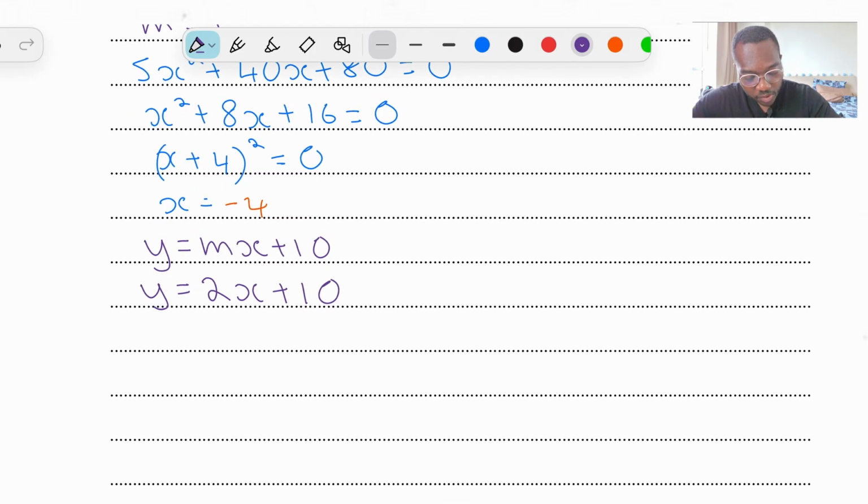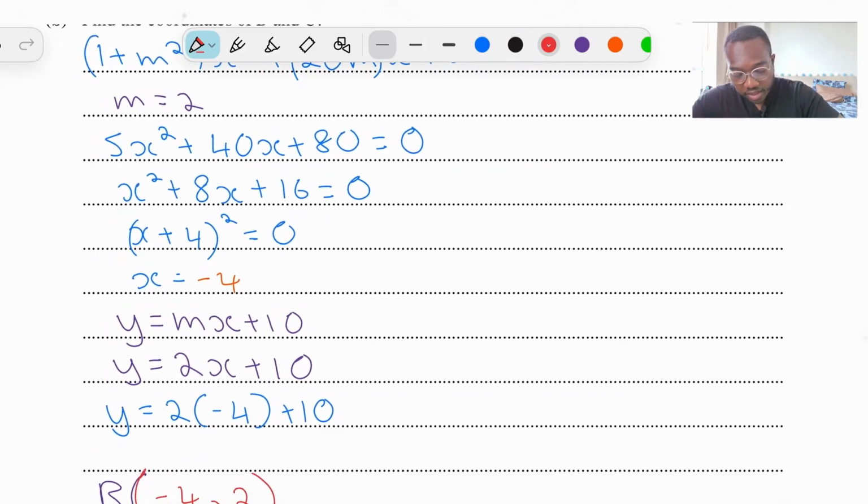So y is 2 times minus 4 plus 10, which is minus 8 plus 10, which is 2. So for the b value, b would simply be minus 4, 2. That is our b coordinate.